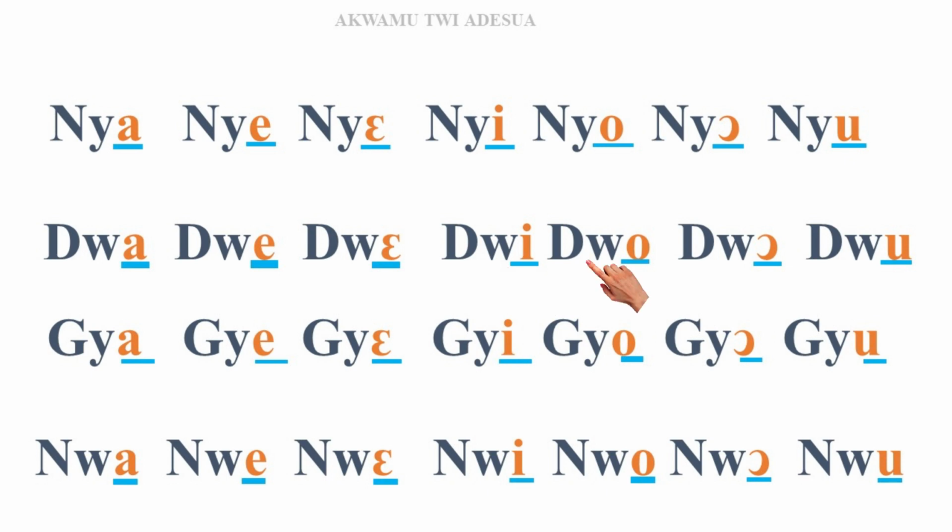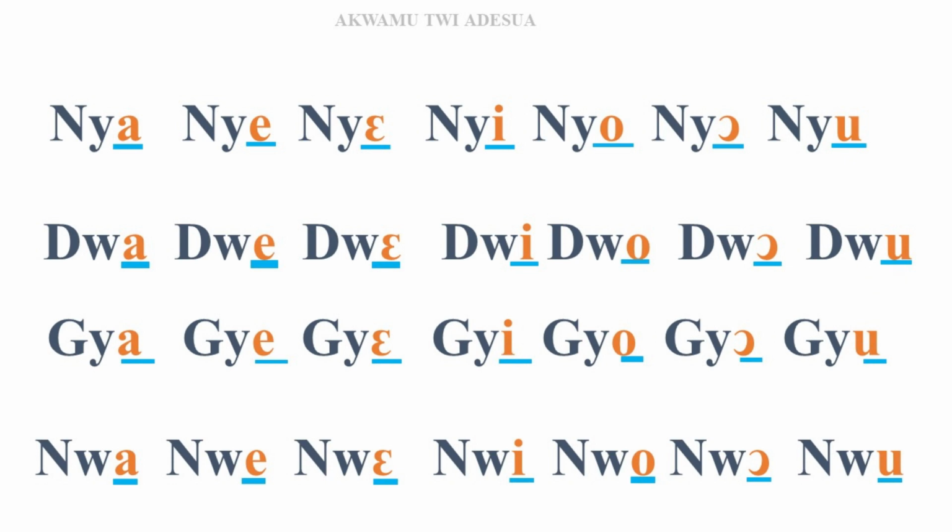Then when we introduce the vowel sound O to the DW, we will get jo. Then when we introduce the vowel sound U to D and W, we will get ju.